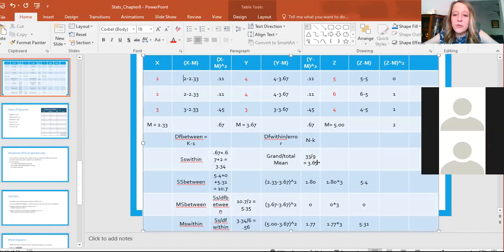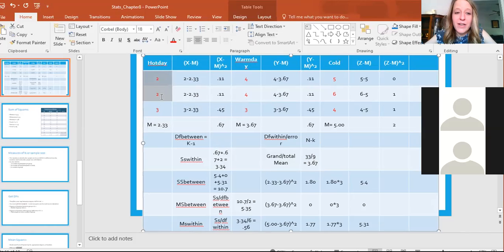So what you need to do here, this 3.67, that's your overall total mean, right? But if you're taking each value of X, or each value of hot day, warm day, cold day, what you need to subtract from it is not this overall total mean, but instead the mean for just this group.